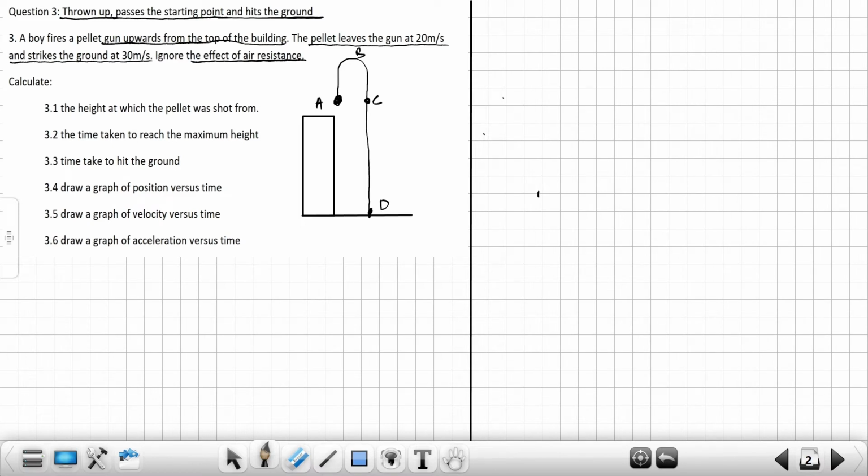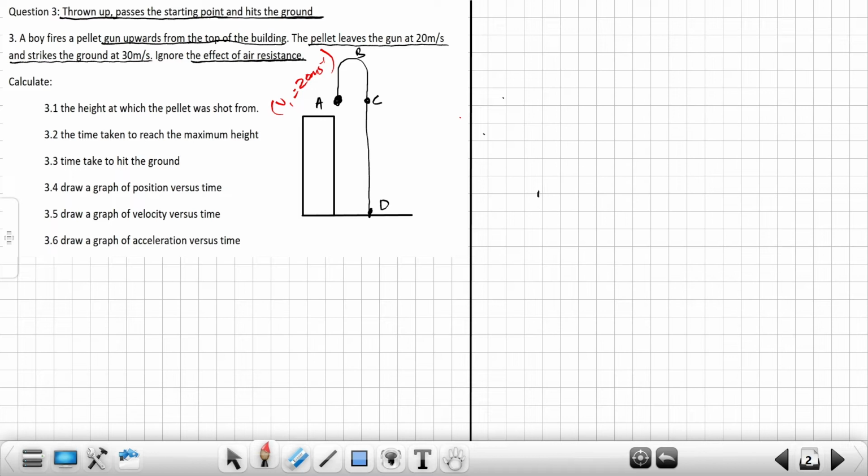So let's assign the information given. I am being told that its initial velocity is 20 meters per second. So I'm going to write the information I have at A. I am told at A that V initial is equal to 20 meters per second. This is just me analyzing the statement that is given.